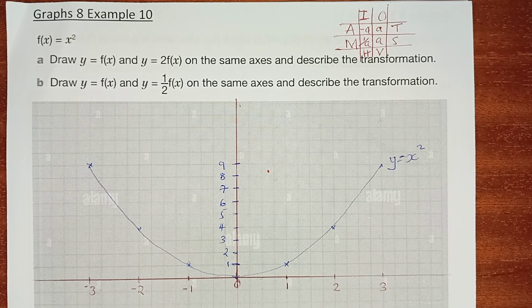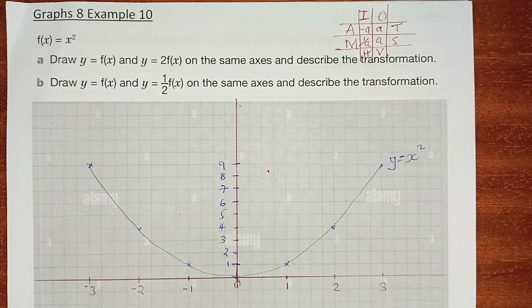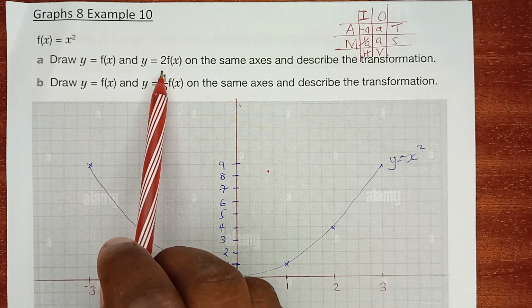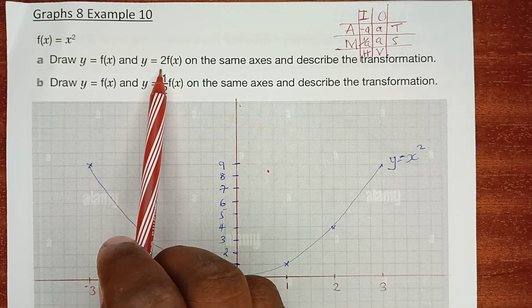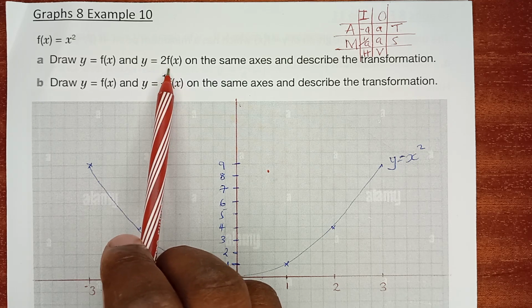Now draw y equals f(x), and y equals 2f(x). Let us look at it from the Mayo perspective. 2f(x) is a multiplication of the whole function f(x).